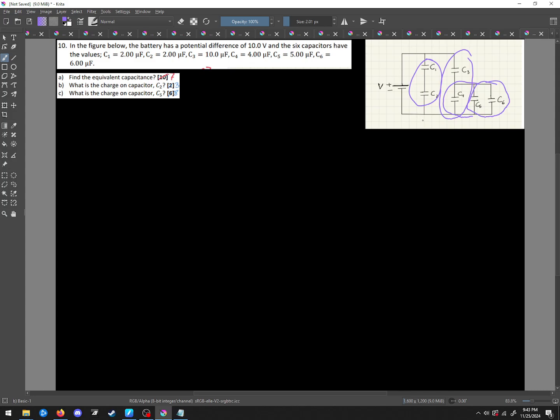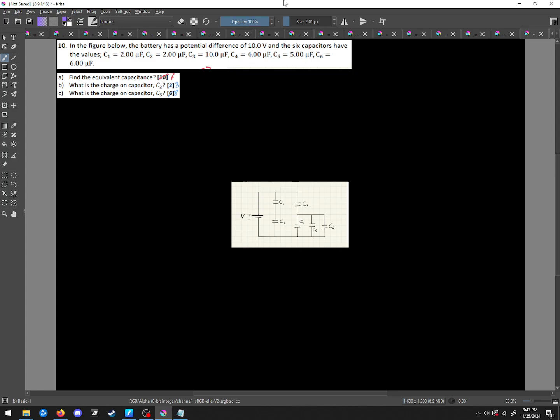Or I think I might have confused parallel with series. But you know what I mean. These would be in series. These are in parallel. And then this equivalent and this equivalent would be parallel. So, whoops, one's too many.